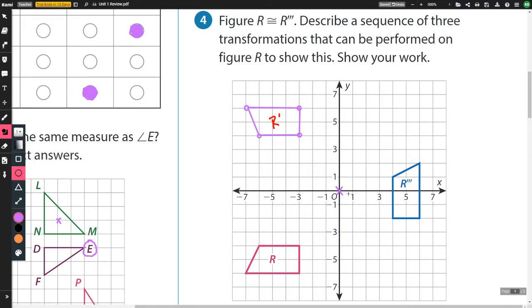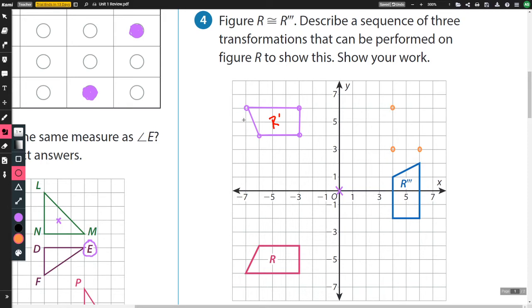So instead of 3 and 4, I'm going to do 4 and 3. Instead of 3 and 6, I'm going to do 6 and 3. Instead of 6 and 4, I'm going to do 4 and 6.